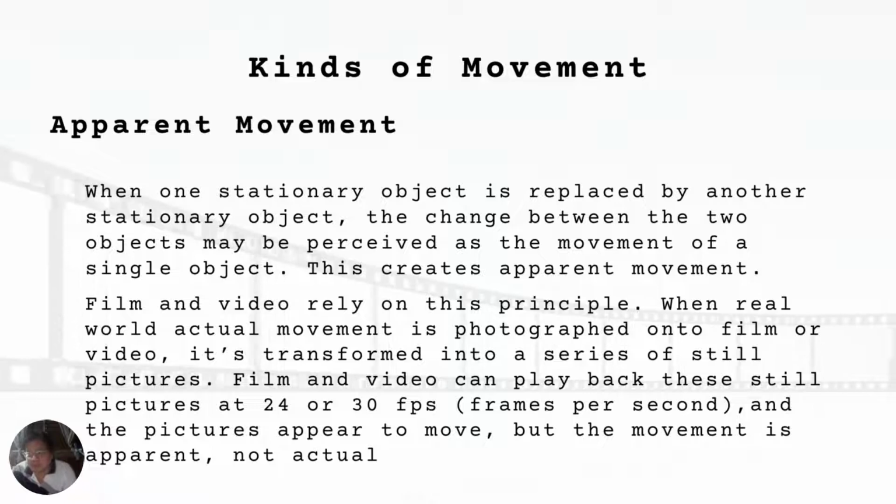Now, to prove it, we can freeze a frame or step through the film or video frames and see each still picture individually. Animation is made up of a series of individual drawings, or pictures, that we show at 24 to 30 frames per second.